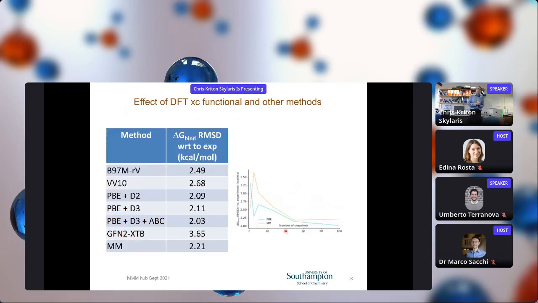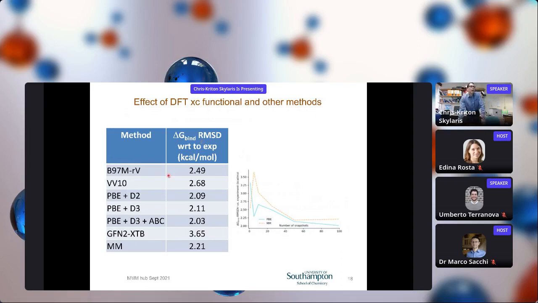And now we can see the results of evaluating all these methods. I'm not showing you every ligand separately because we don't have time in this talk, but this is the RMSD with respect to experiment for the free energies of binding of all the ligands that we tried with the different methods.